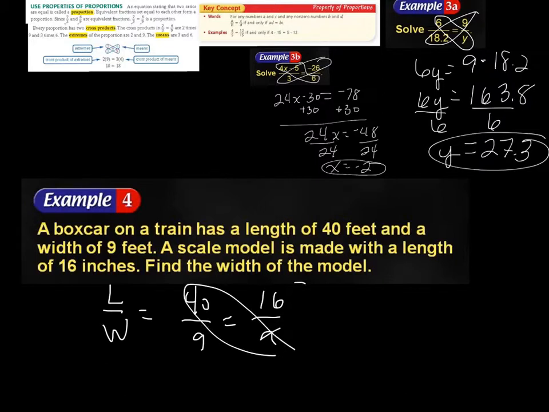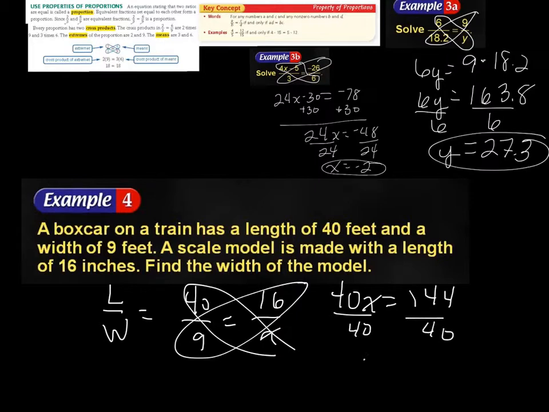So we're going to do cross products. We'd have 40x equals 16 times 9, which is 144. Divide both sides by 40, and x equals 144 divided by 40, which is 3.6. And this was in inches, so my units are going to be in inches.